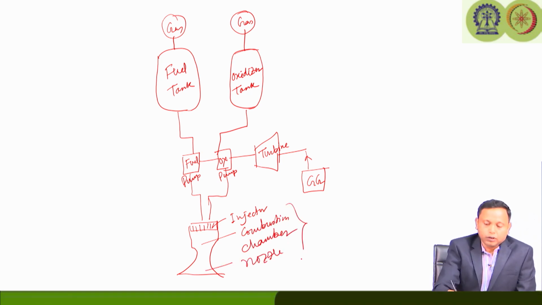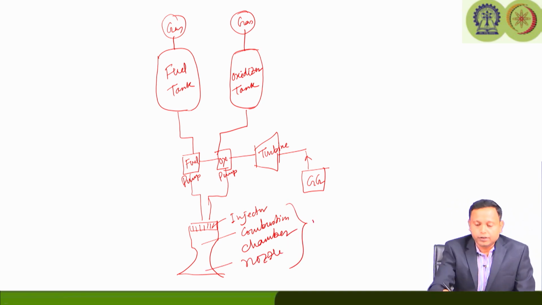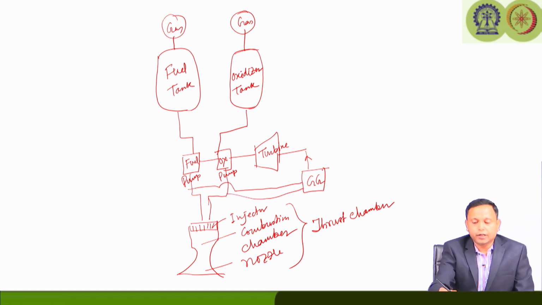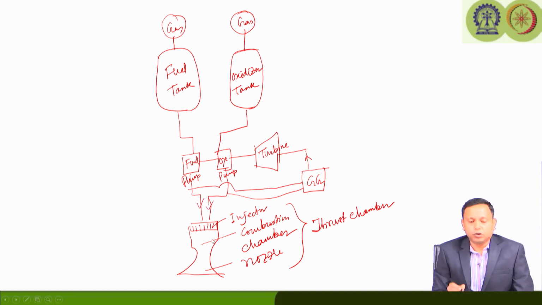So, these three parts together are called the thrust chamber. Of course, your gas generator requires some amount of liquid fuel and some amount of liquid oxidizer to generate moderate temperature gas to run the turbine, and the turbine itself drives the oxidizer pump and the fuel pump, which will eventually give the flow of fuel and oxidizer to the main thrust chamber. So, this is the basic principle of the liquid rocket.